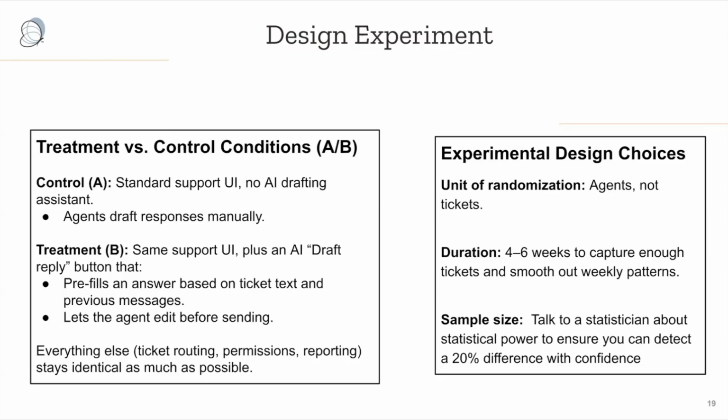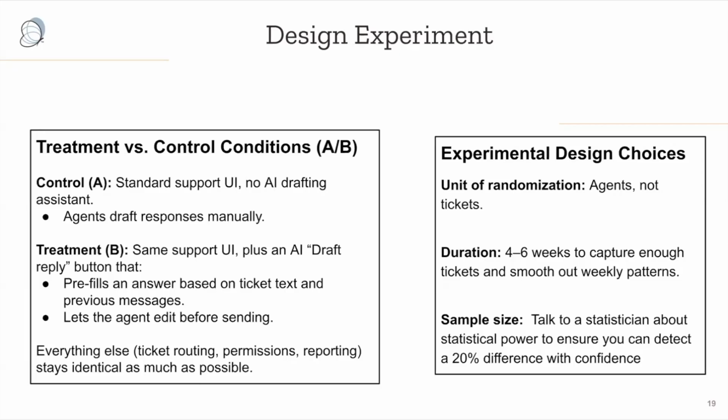And the agent can look at it and go, yeah, I think I'll edit it or whatever. Importantly, everything else has to be identical, right? So there's no differences in ticket routing or permissions or reporting. The only thing that's going to be different from the agent's perspective is, boom, I'm going to push a button and get a draft up there, right? So that allows us to isolate sources of variation to just the AI component.